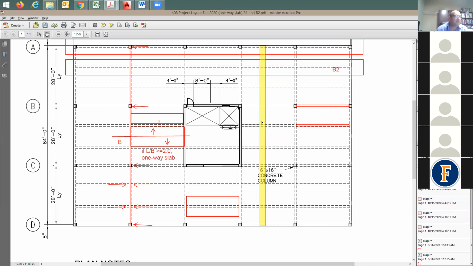I'm going to be taking this width here to be a foot. Why a foot? Because whatever you provide in this foot here, you're going to be providing throughout the entire width of the building. So to make it simple, I'm just going to take 1 foot for the width of the strip. I'm going to be calling this a strip. It's going to be a 1 foot strip.